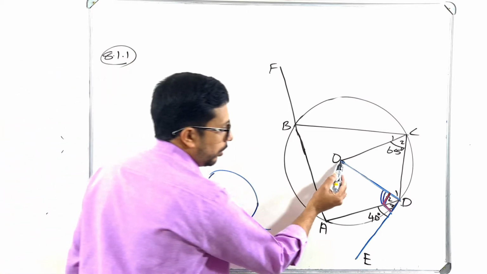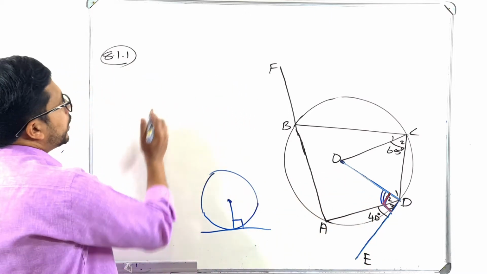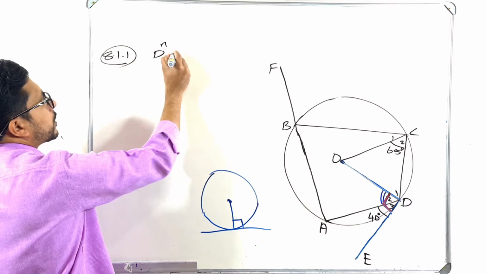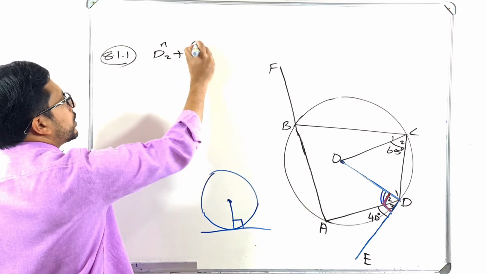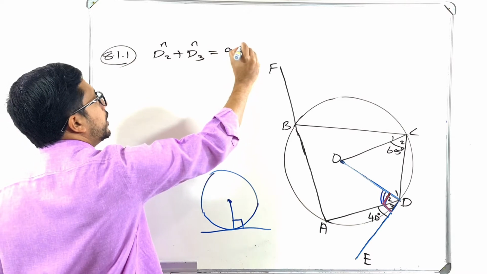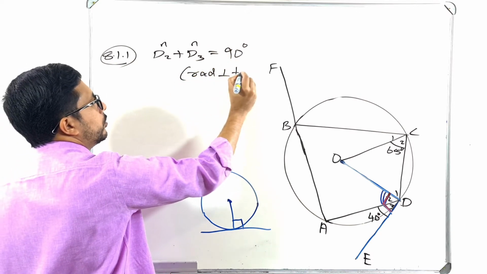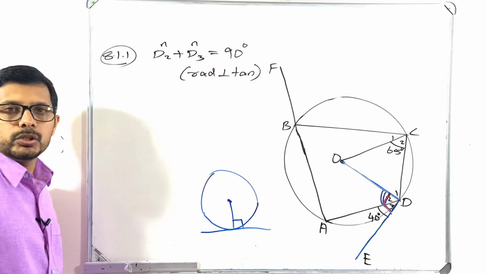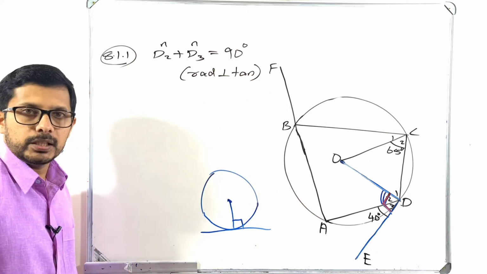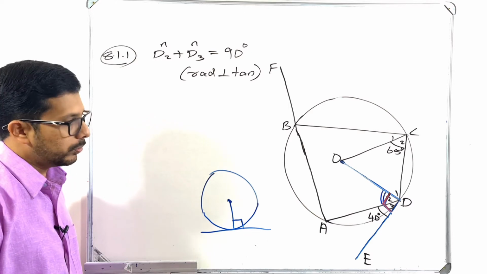Okay, so D2 plus D3 is equal to 90 degrees. What is the reason? Radius is perpendicular to tangent.